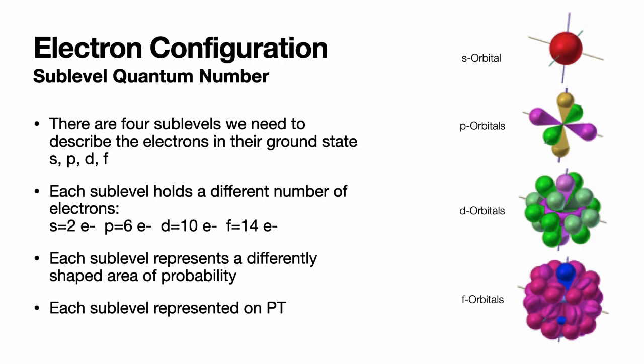The representation on the periodic table is this. Who's got the little periodic table that was passed around? I need to see it.